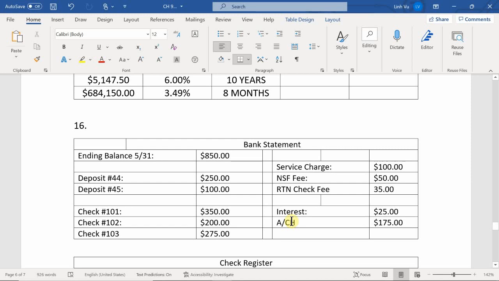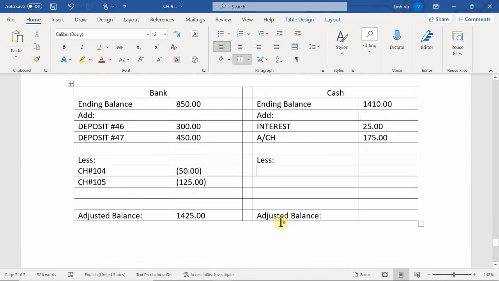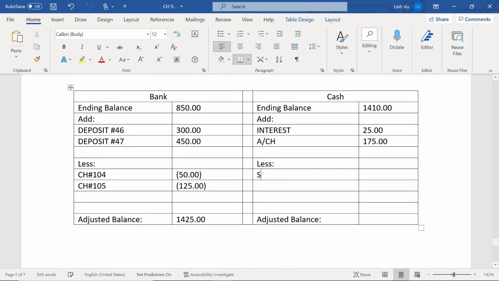I have an NSF fee for $50, and I have a return check fee for $35. So $150 and $35. So in this case, less service charge for $100. Okay, I have NSF fee for $50.